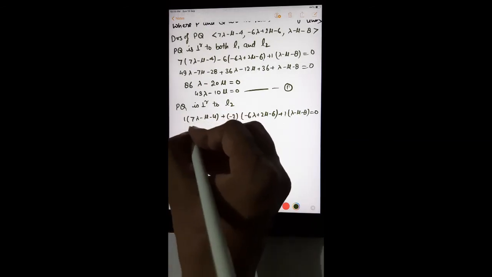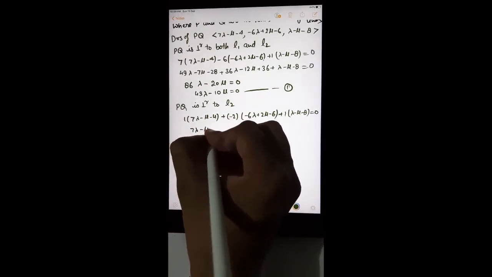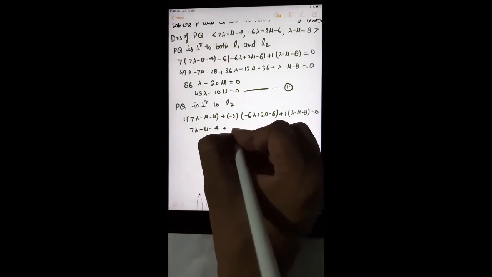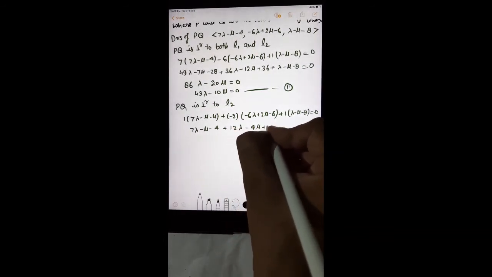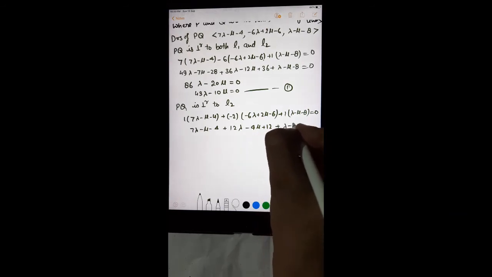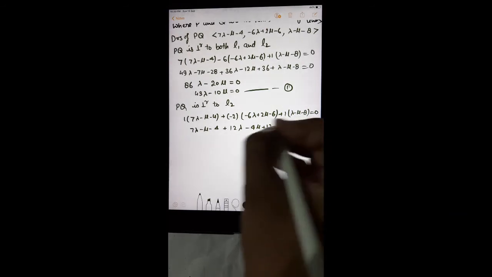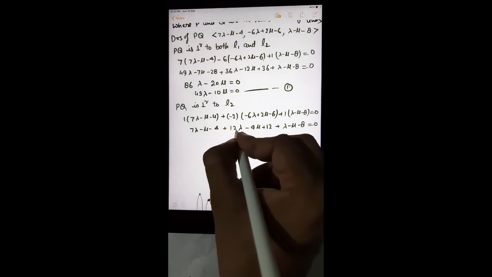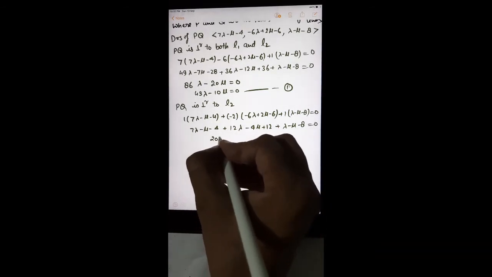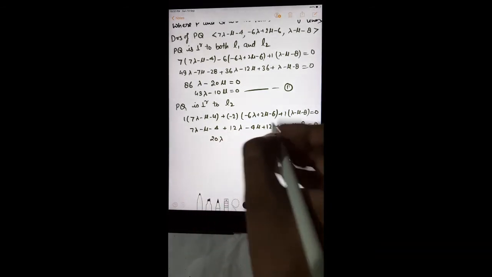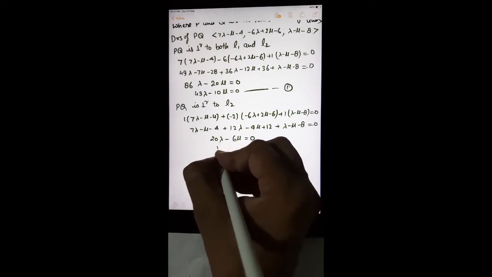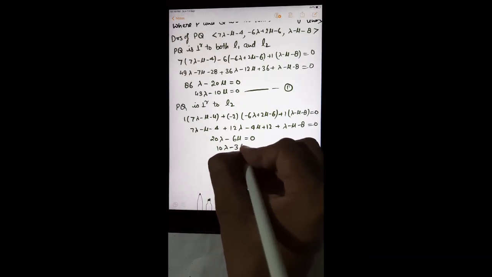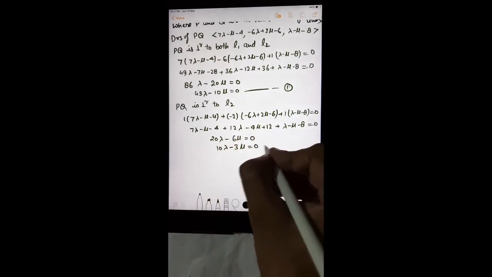So on simplifying we will get 7 lambda minus mu minus 4 plus 12 lambda minus 4 mu plus 12 plus lambda minus mu minus 8 is equals to 0. On simplification 7 plus 12 is 19 plus 1 is 20 lambda minus 5 minus 6 mu is equals to minus 4 minus 8, it is 0. So here we get 10 lambda minus 3 mu is equals to 0. This is equation number 2.